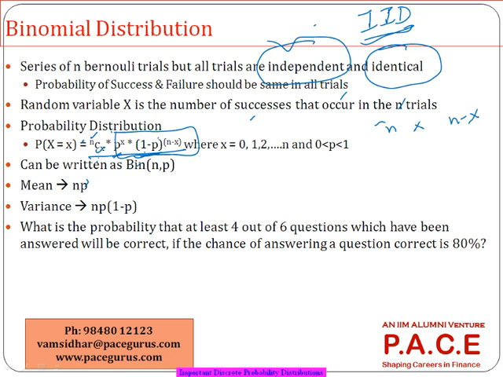So the probability of getting x successes is nCx, which is a combination, times the probability of success to the power of the number of successes, times the probability of failure to the power of the number of failures. This is the probability of getting x successes out of n trials being performed.